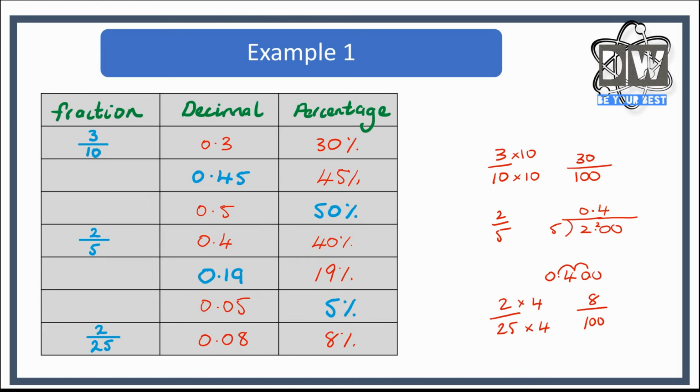And the last step is, how do we write a percentage or a decimal as a fraction? I always like to work with the percentages and convert them into fractions rather than the decimals. All right, so like we had up here, 30 marks out of 100 is the same as 3 marks out of 10.